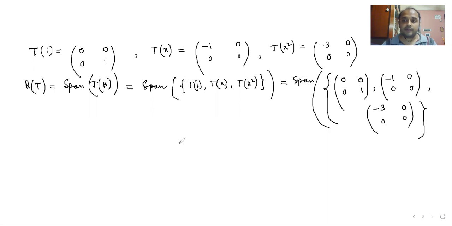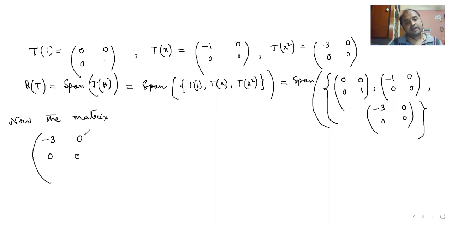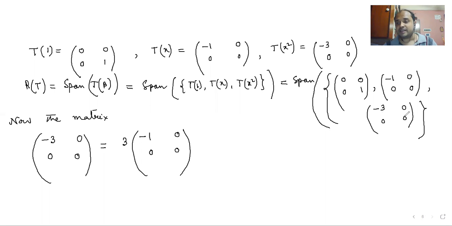Now carefully see that the matrix minus 3, 0, 0, 0 can be expressed as a scalar multiple of this matrix.